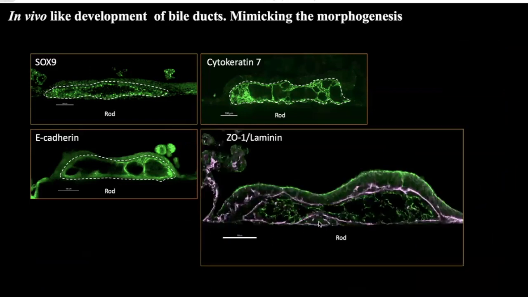But the most surprising and, I think, beautiful thing that we were not expecting is precisely this deposition of laminin, a laminin basal layer, extracellular matrix layer, at the edge surrounding the lumen. What you have here is the laminin in purple, then cytokeratin 7 in green, and then you have ZO1, not cytokeratin 7, ZO1, and you see that the cholangiocytes are underneath the basal layer, and the cells are very well polarized at the apex of the lumen.